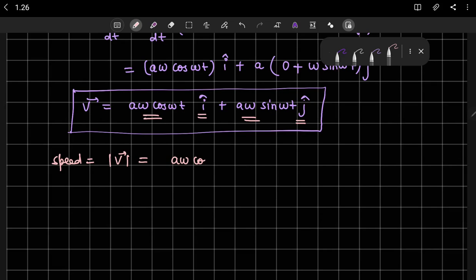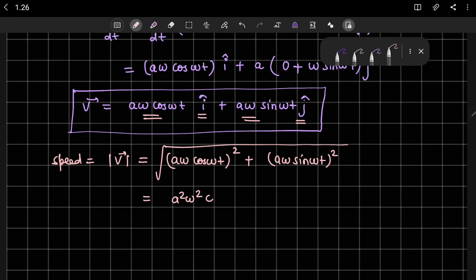So the square root of a omega cos omega t whole square plus a omega sin omega t whole square is equal to the square root of a square omega square cos square omega t plus a square omega square sin square omega t.